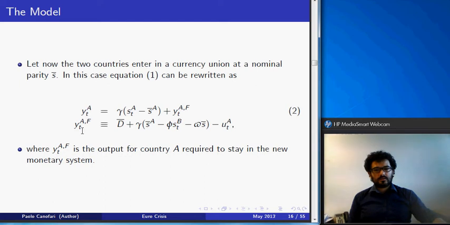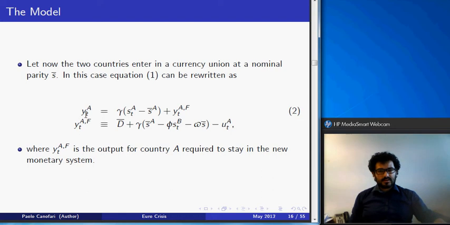Country A in equilibrium can reach an output equal to YAF, which is equal to the autonomous components and the effect of a real effective exchange rate, in which the exchange rate with respect to the monetary union is fixed because the country is in the monetary union. This means that if there is a devaluation of country B, we have a reduction in output.